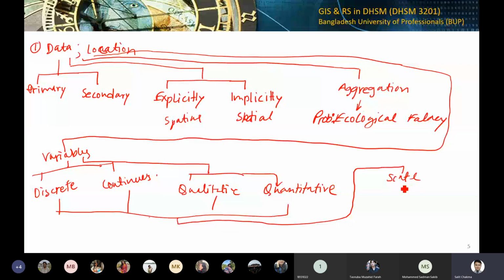This is not T, that is L. So the scale is then nominal, ordinal, interval, and ratio. Okay, we have these four classes of scale: nominal, ordinal, interval, and ratio.